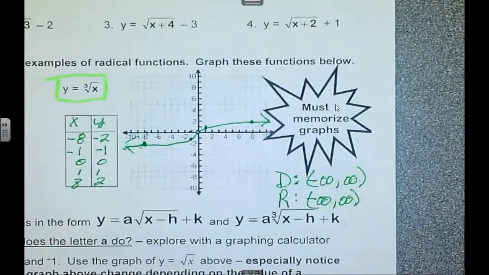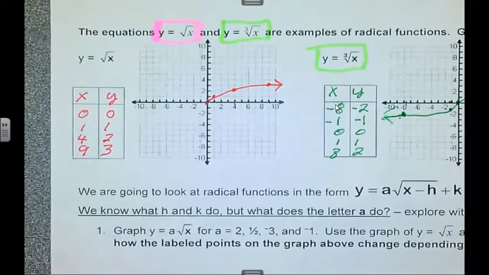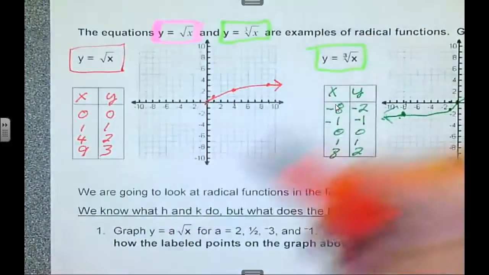Now, what's the domain and range for x cubed? I'm sorry, x squared. Okay, what's our domain and range for y equals x squared?